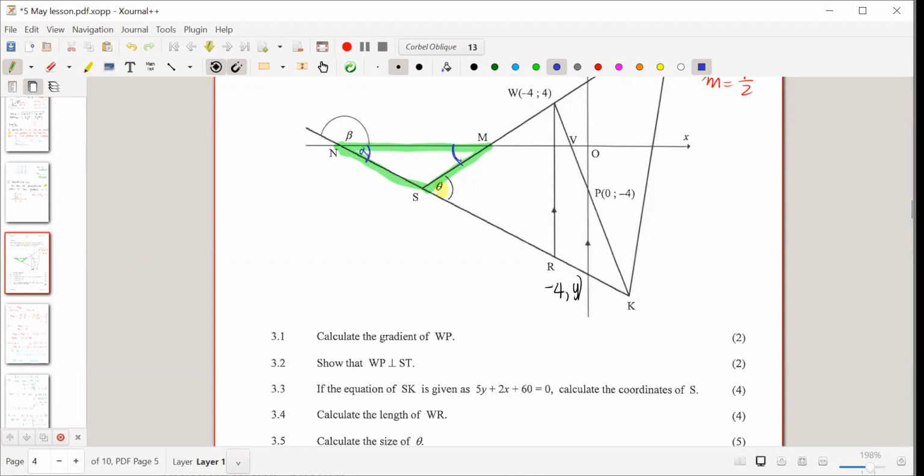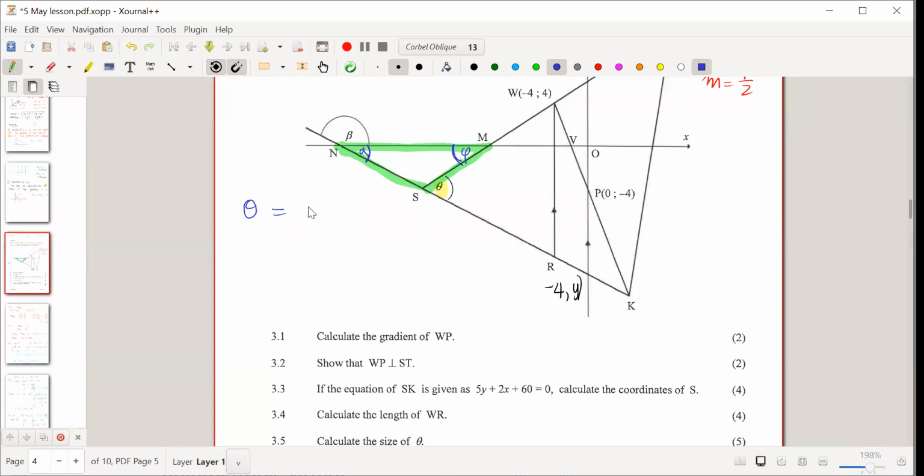So let me call that alpha, and I'll call this one phi. So we will see that theta is going to equal the sum of those interior opposite angles, right? So this is based on the exterior angle of the triangle.